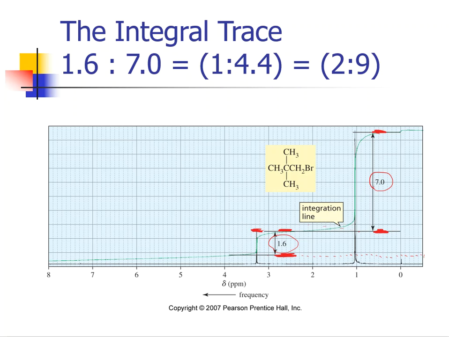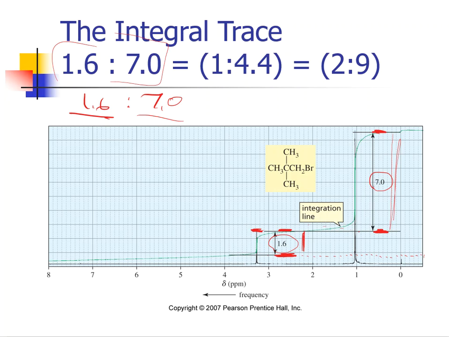So they're letting you know that the distance here, I'm not even going to give it a unit, is a 1.6, and then this is a 7 in reference to that. So up here at the top, you see a ratio, and this ratio is 1.6 to 7. Normally what happens here is that we take the 1.6 and the 7 and we divide by the lowest number.